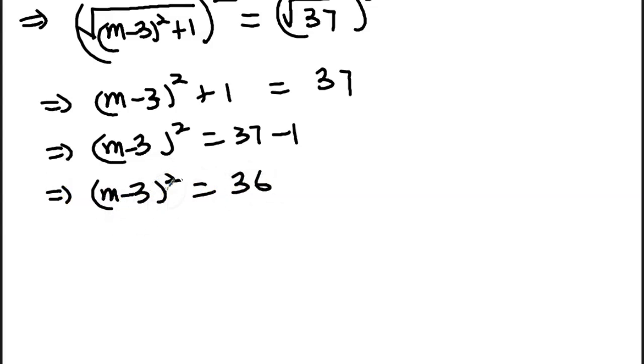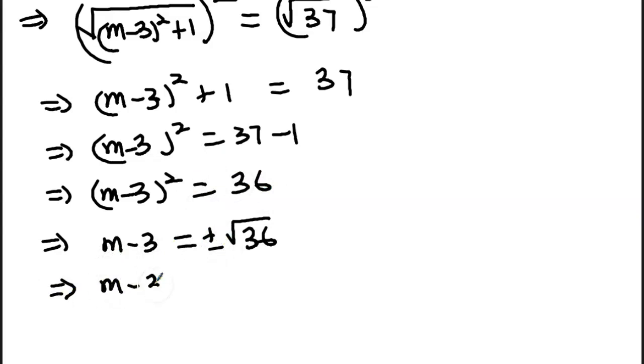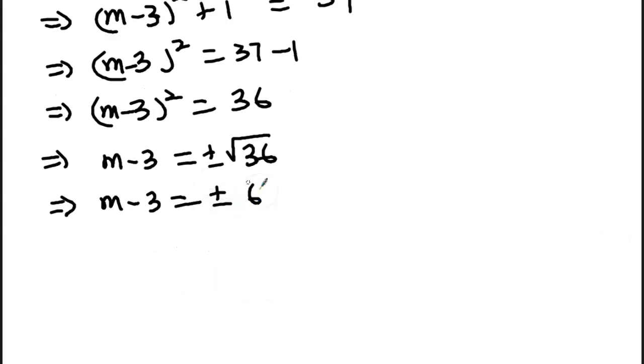We want to find M, so let's take the square root on both sides. We have M minus 3 equal to plus or minus the square root of 36. When you are taking the square root, here will be plus or minus. So we have M minus 3 equal to plus or minus 6. Plus or minus means that we have two values, 6 and minus 6.